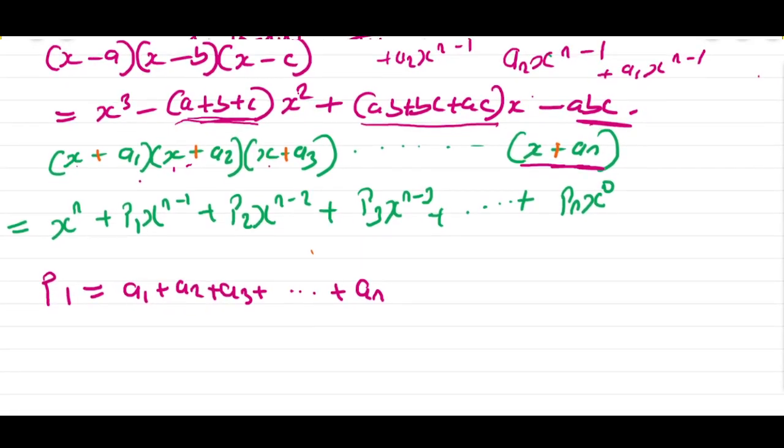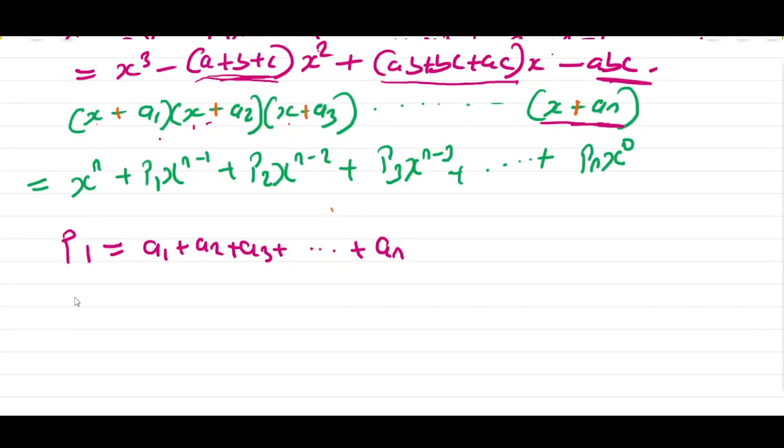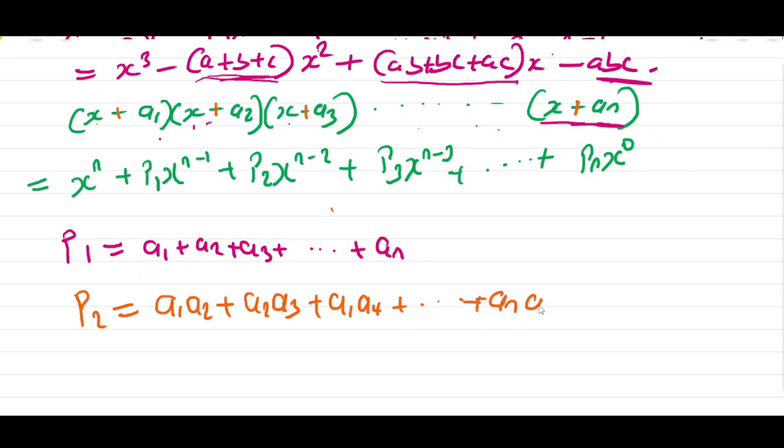So what will p2 look like? For p2, we'll pick x to the n minus 2, so we'll pick all the x's in the brackets except for 2 brackets. So each time we pick the x's, we'll be multiplying by 2 of the numbers here. So the coefficient will be a1 a2 plus a2 a3 plus a1 a4, and so on, up to a sub n, a1 as well.